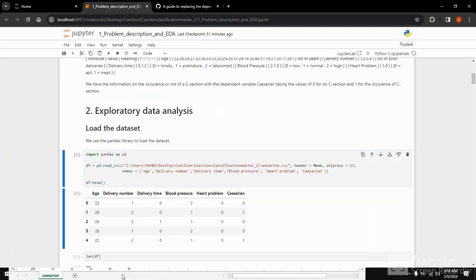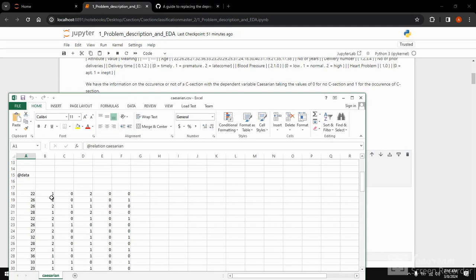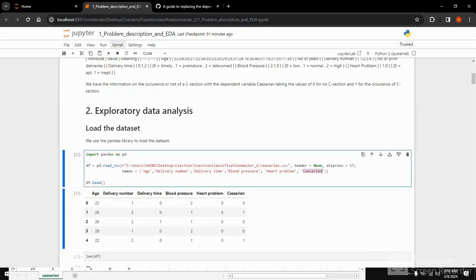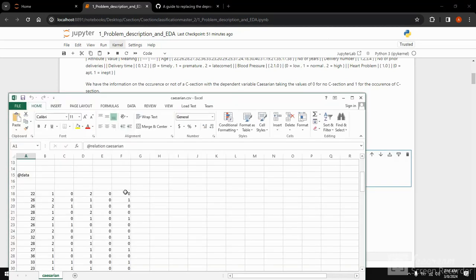The very important thing in this data set is the outcome. We need the outcome one way or the other: has the person had a C-section birth or not? The zeros are the people that did not have a C-section birth, and the ones are the people that actually delivered through a C-section.